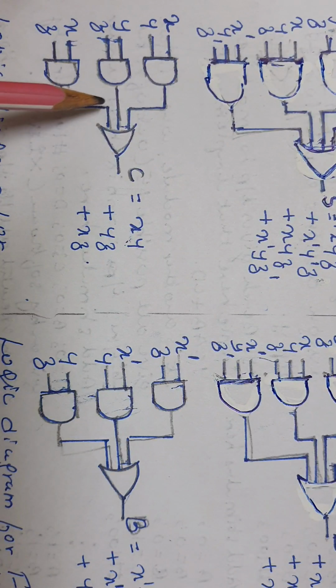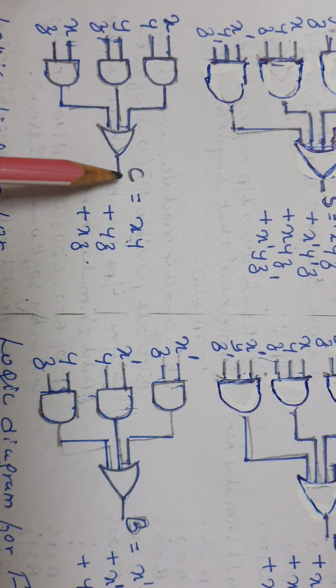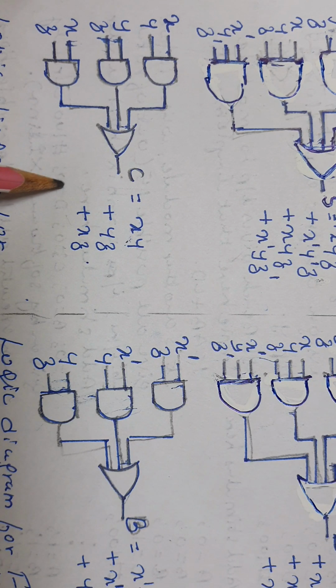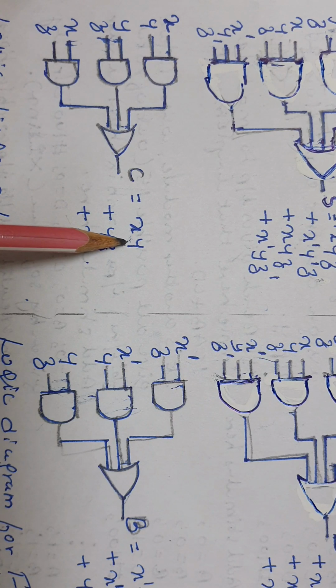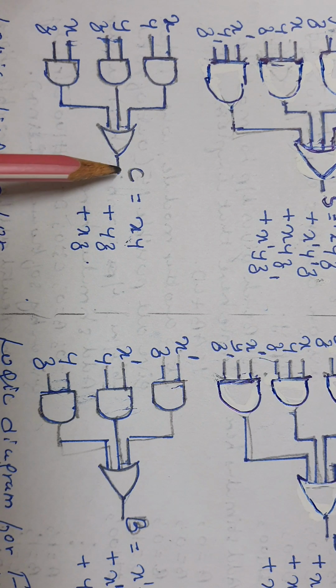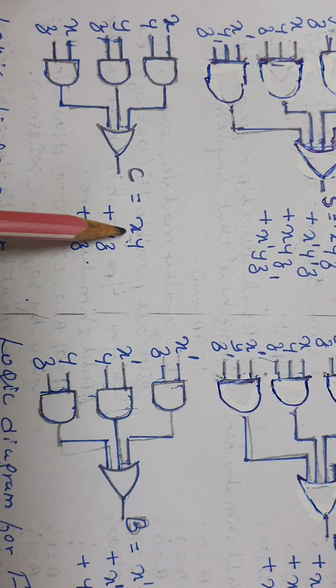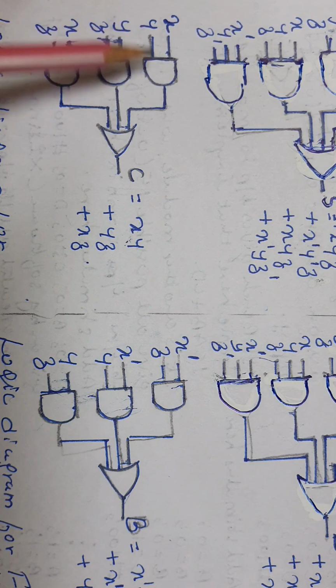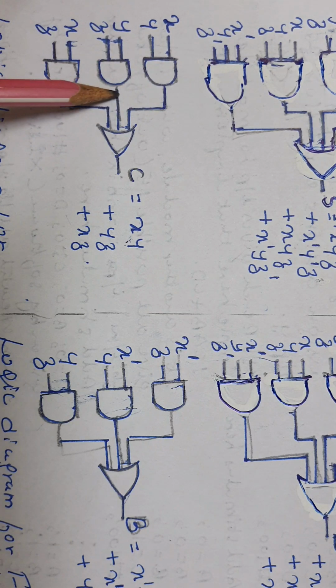Okay. So this is the logic diagram for the carry bit. Carry is found to be xy plus yz plus xz. From the truth table and then from the K-map, this is the simplified expression for carry bit C we had got. According to this, x ANDed with y, so one AND gate, we get here, similarly y ANDed with z here, and similarly x ANDed with z.